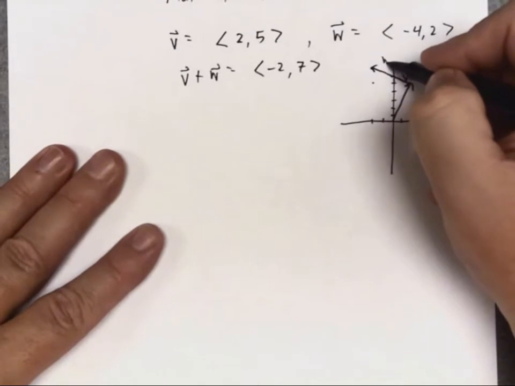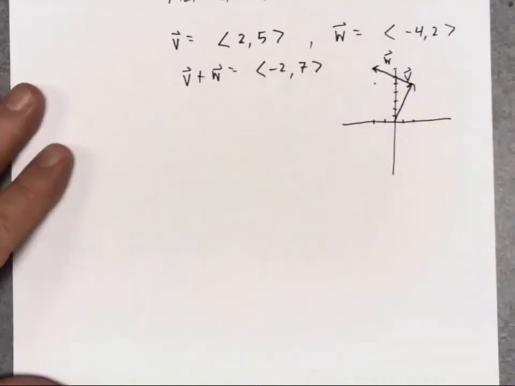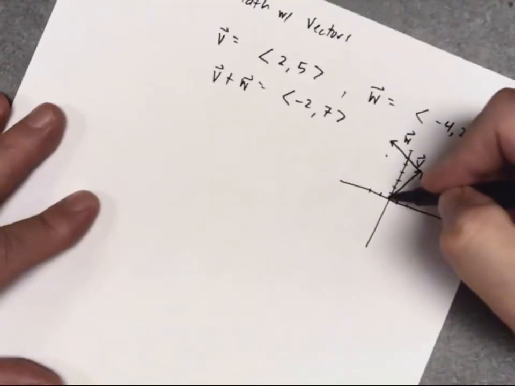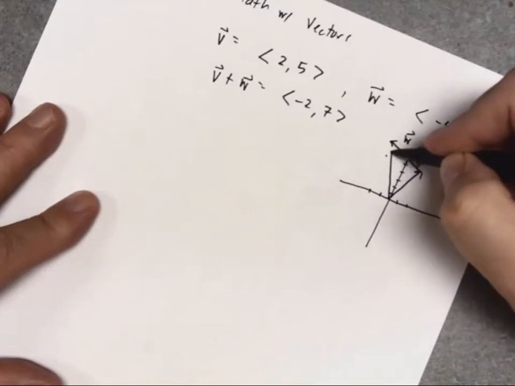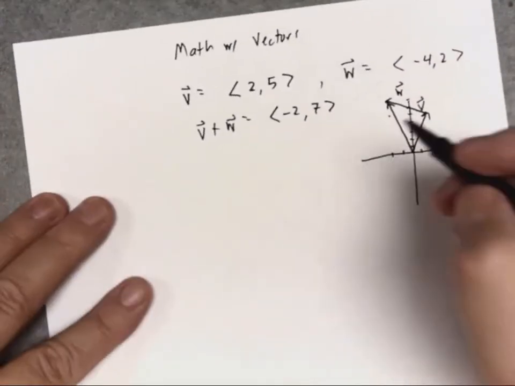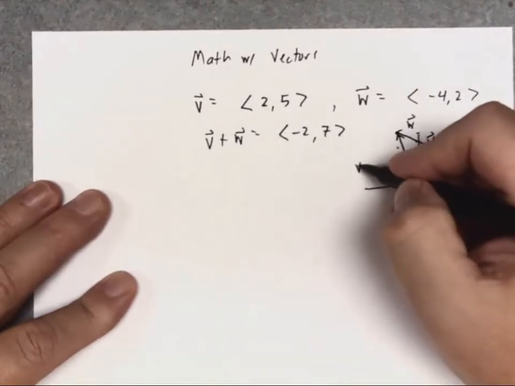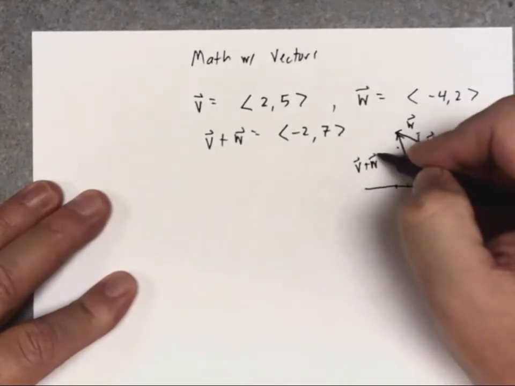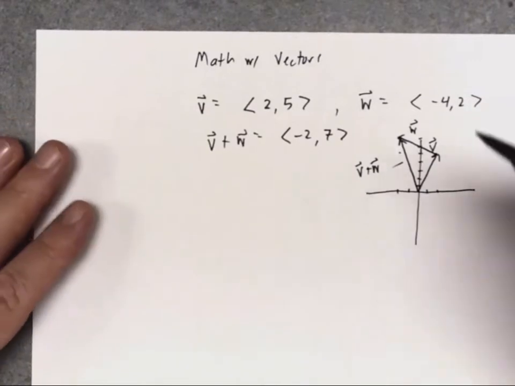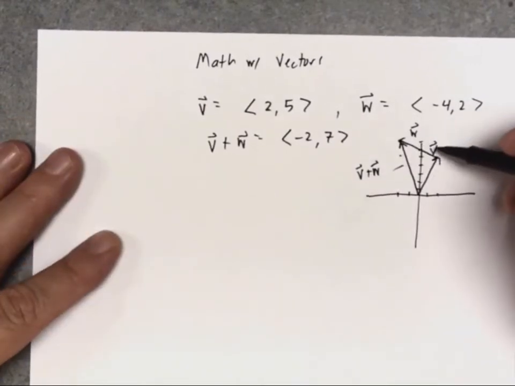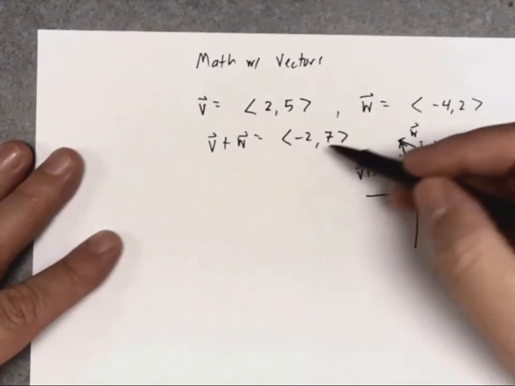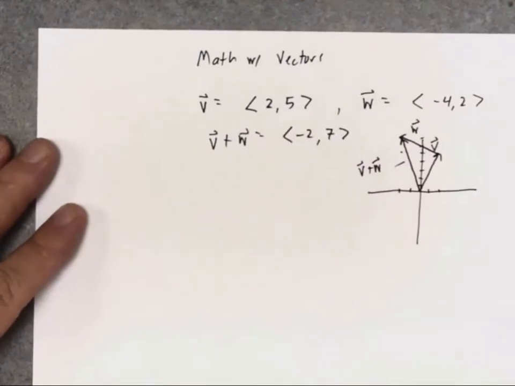So there's vector w, and when you add them together, this should be vector v plus vector w, which looks like it's around <-2, 7>, which is what we have there.